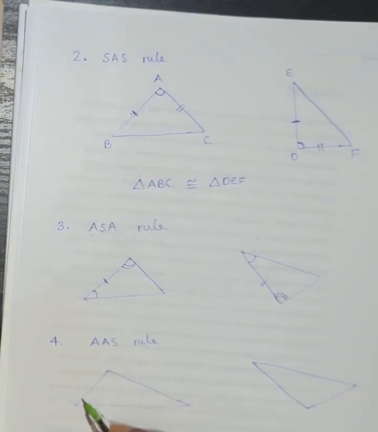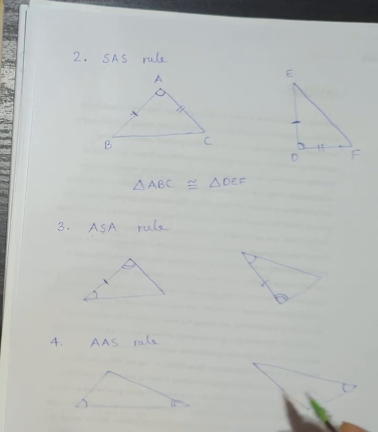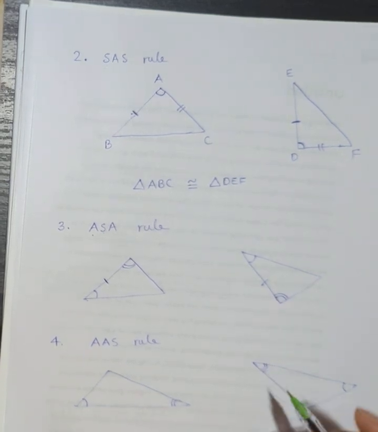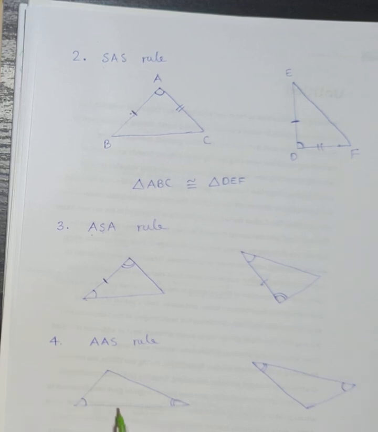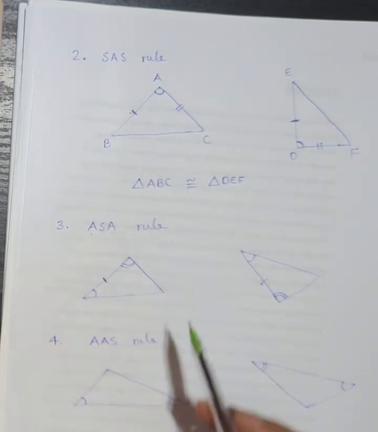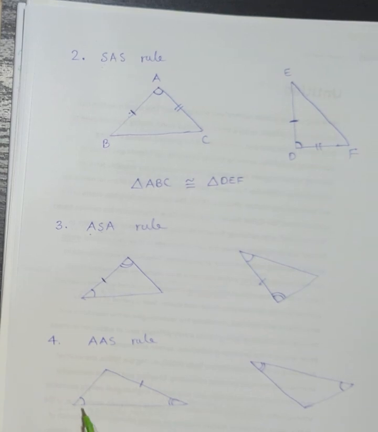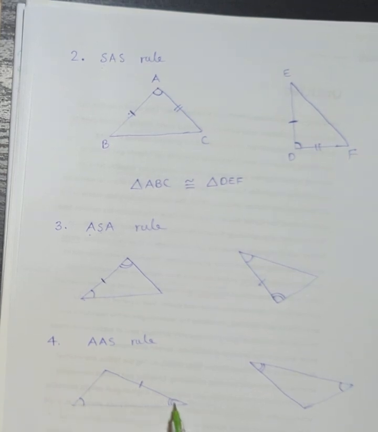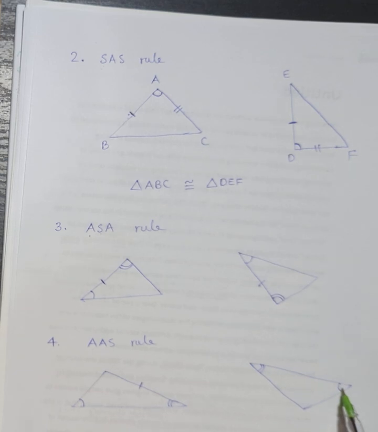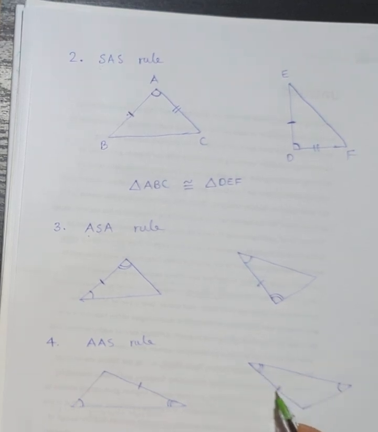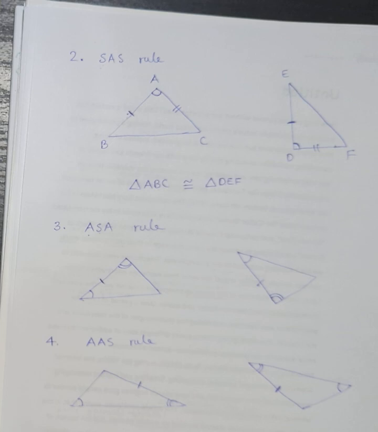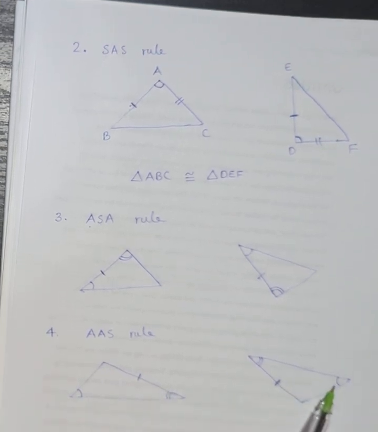If you have this angle match with, say, this angle, so two angles should match. And then the side is not the one between them. That would be ASA. So just take some other side. So angle, angle, side. So I'm going in this direction. Single arc, double arc, and then the side. After that, double arc angle. So these two triangles will also be congruent.